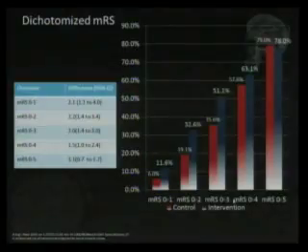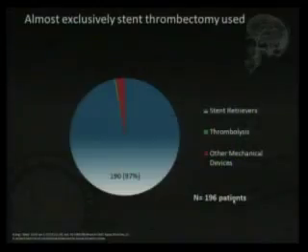So what did this show? It showed in red, you can see the control arm with just IV TPA, and in blue is IV TPA plus thrombectomy. Modified Rankin scale of 0 to 2, it was 32% in the intervention arm versus 19% in the control arm. So it was a significant change in distribution.